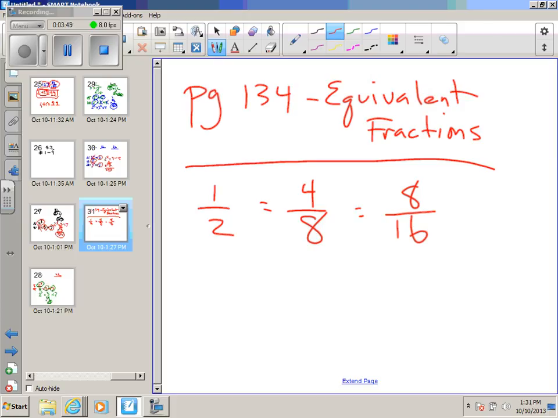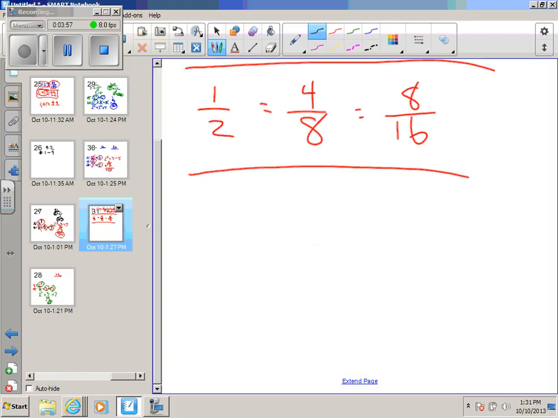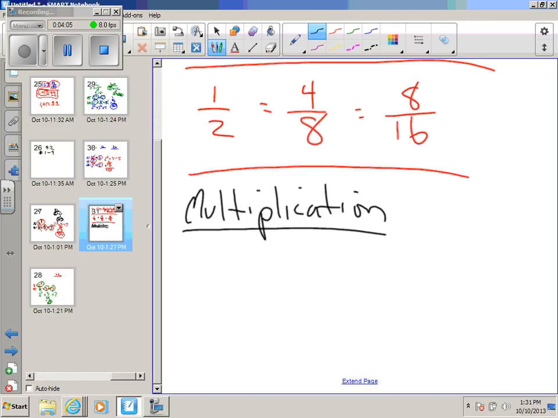Equivalent fractions. Now, there are 2 ways in which we can get equivalent fractions. One way is through multiplication. This is the easy way to produce equivalent fractions.